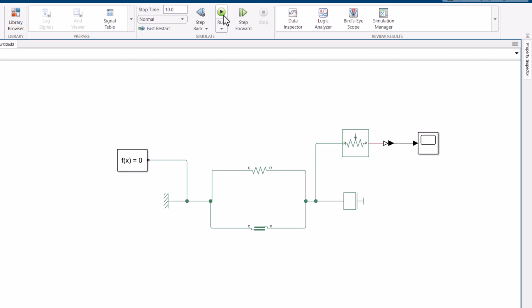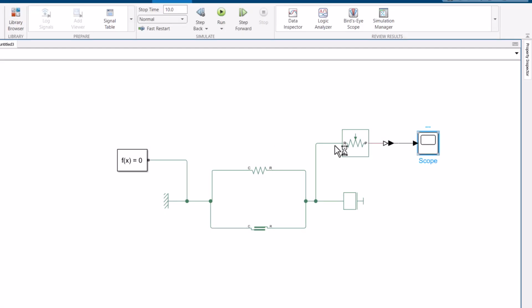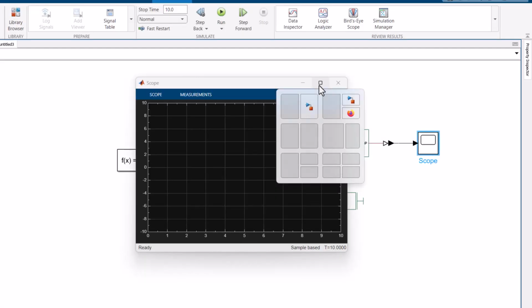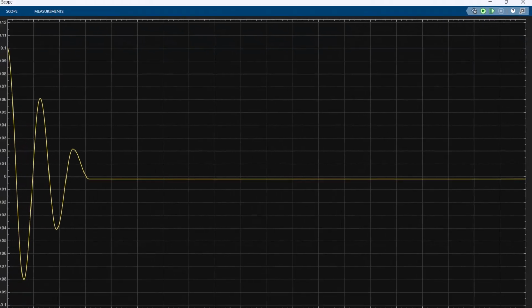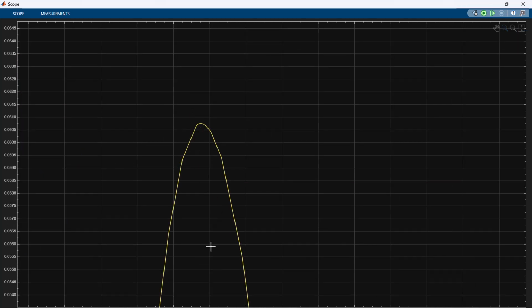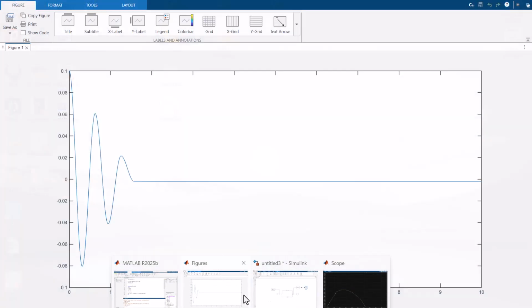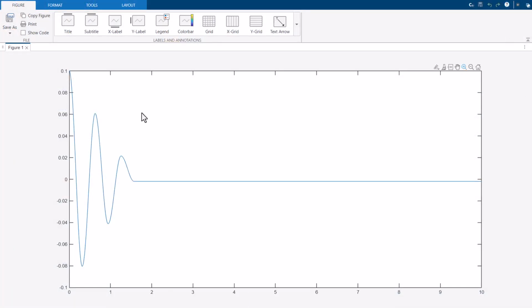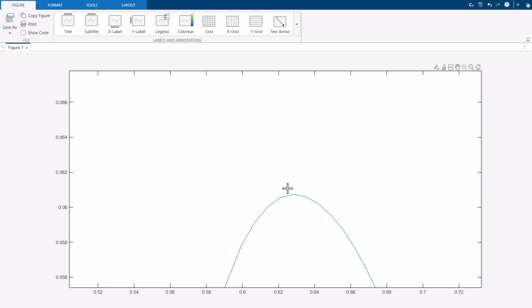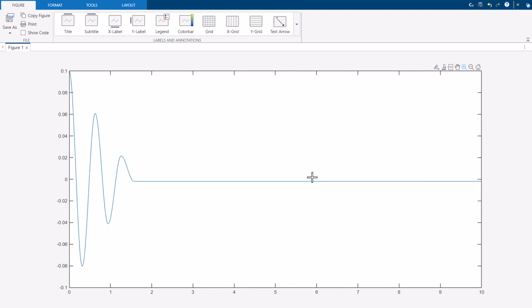Now if I run the model, and I look at the scope, I can see that it is pretty much the result that I expected from my code. So this peak is somewhere around 0.63, and in this graph, yeah, it was around 0.63, so it was the same value.